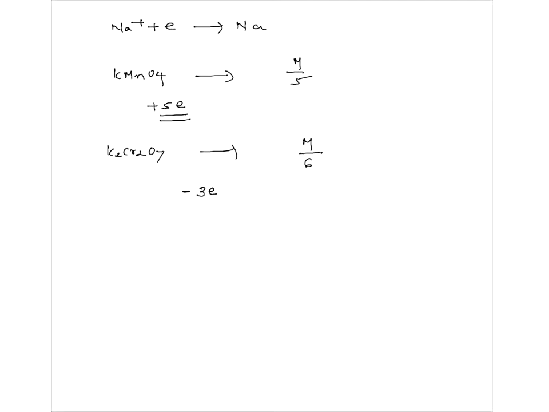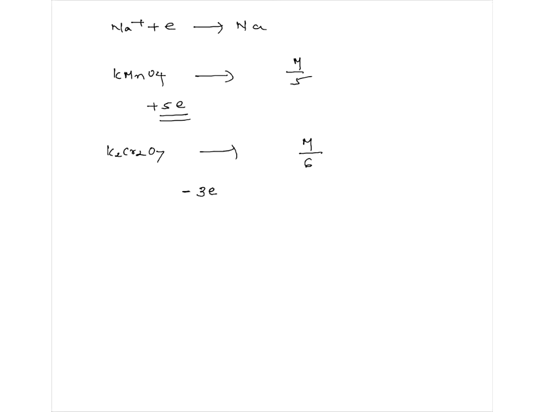How can +7 become +4, for example? By taking 3 electrons. So if you know that the apparent charge on manganese is becoming +4 from +7, then you would say that 3 electrons must have come to manganese somehow.